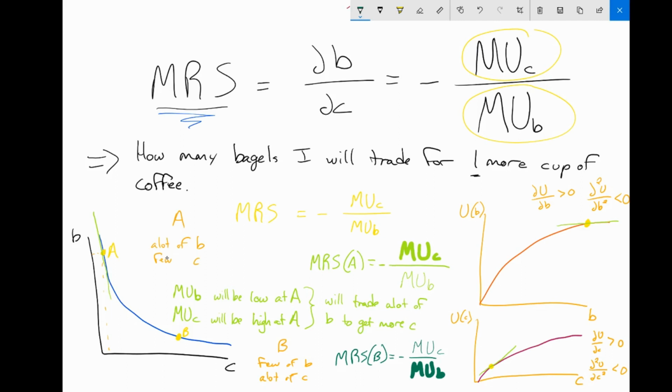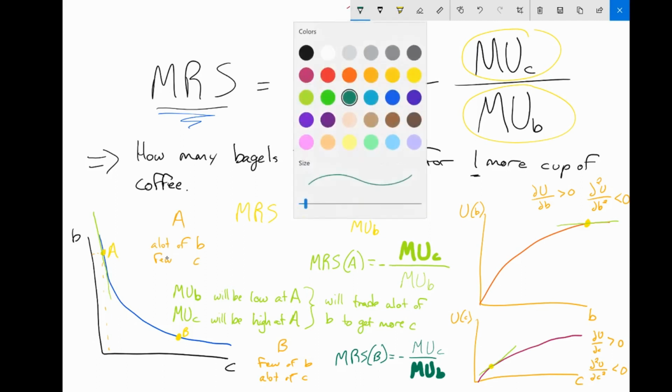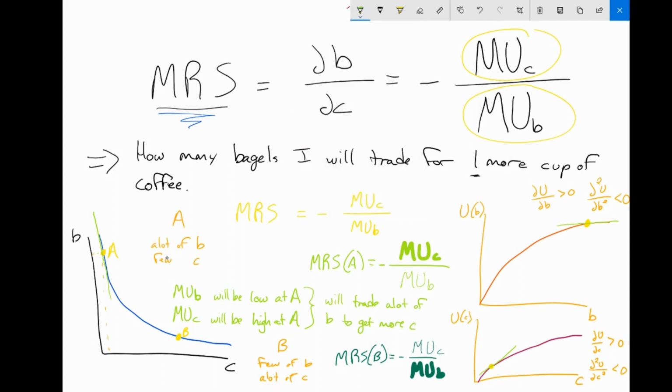And so I'm not going to be willing to trade very many bagels to get an additional cup of coffee at point B. The derivative at point B is much more shallow. It's a much smaller negative number. All right? So that gives us some intuition as to how marginal utility affects the trade-off between goods. All right, so that's indifference curves for you.